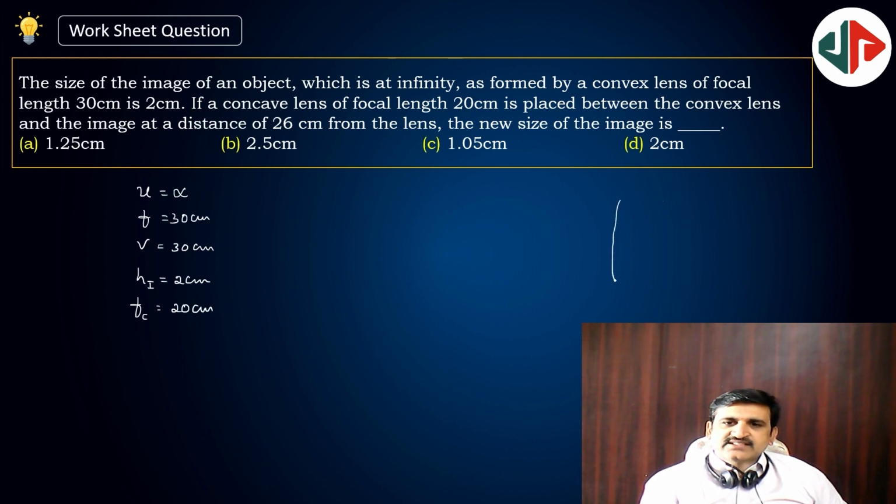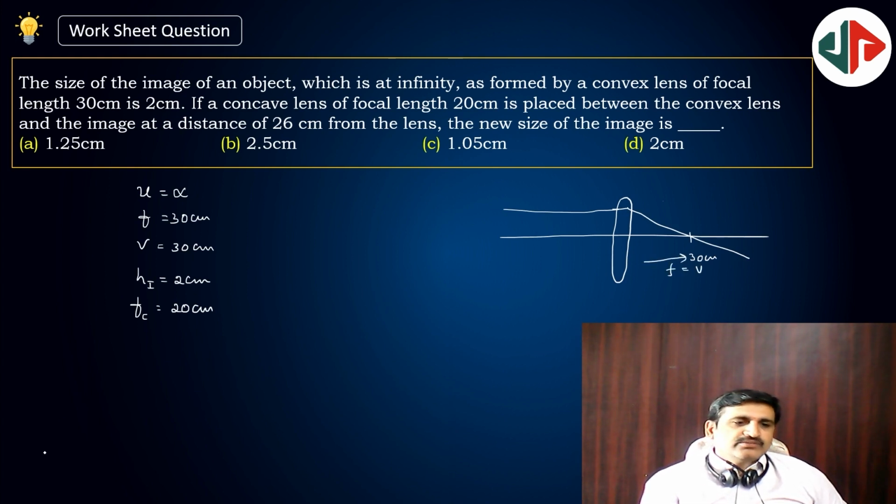A convex lens, object is at infinity, so finally it forms the image at 30 centimeters, whatever is the focal length. This is 30 centimeters from here, which is the focal length, or V. Now he kept one concave lens at a distance 26 from the lens. This is 26. That means this is obviously 4, right?